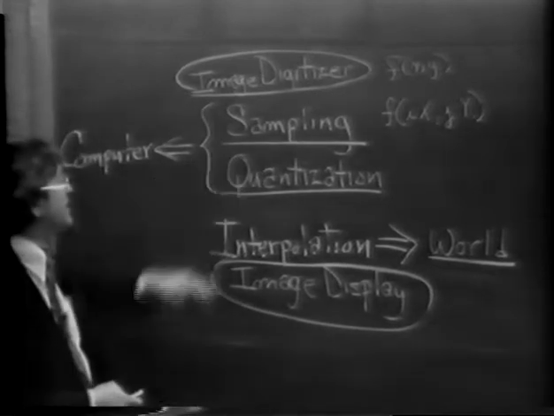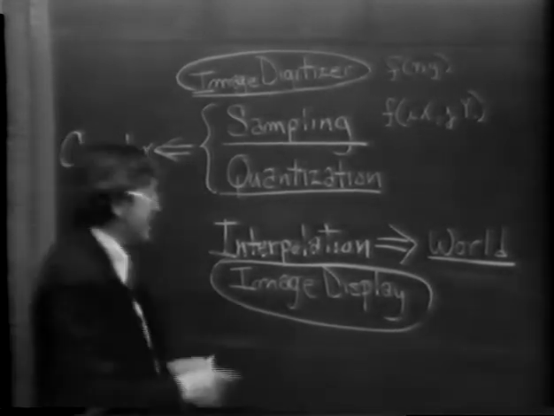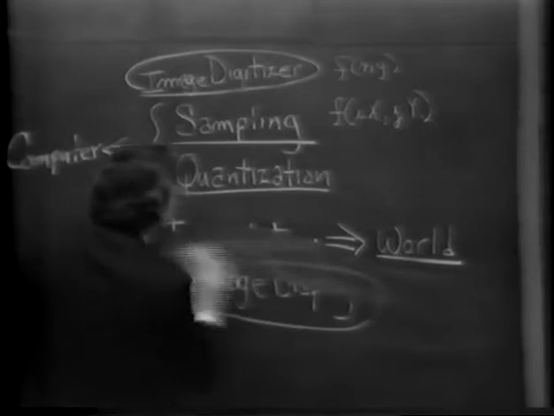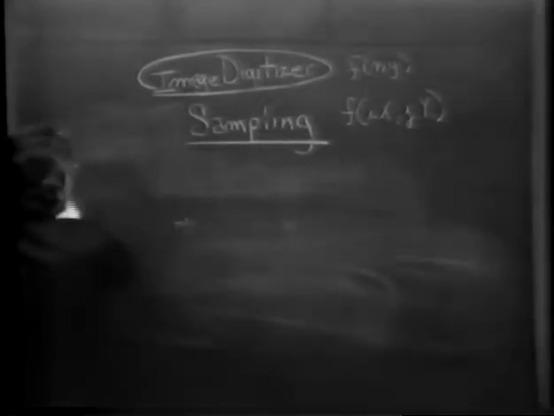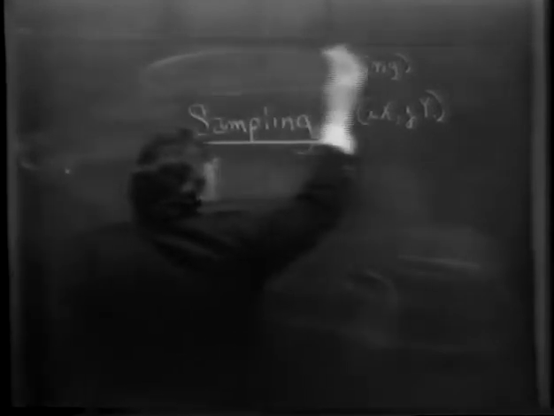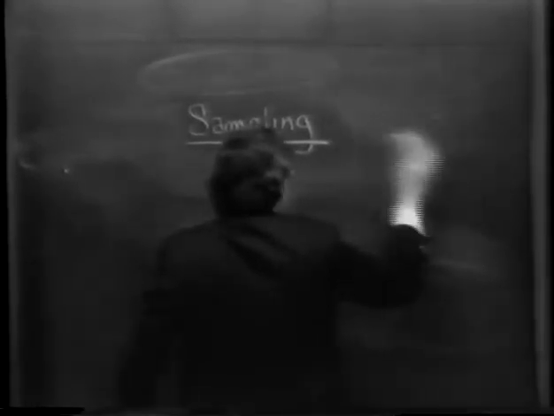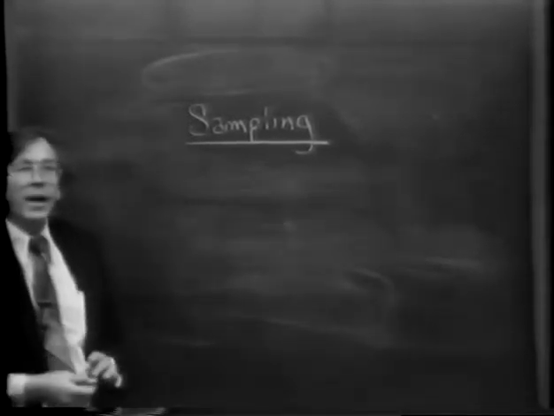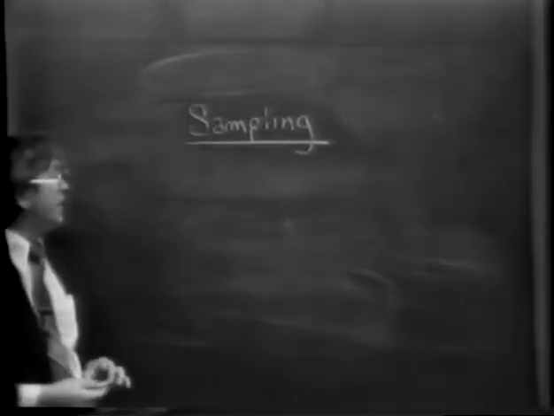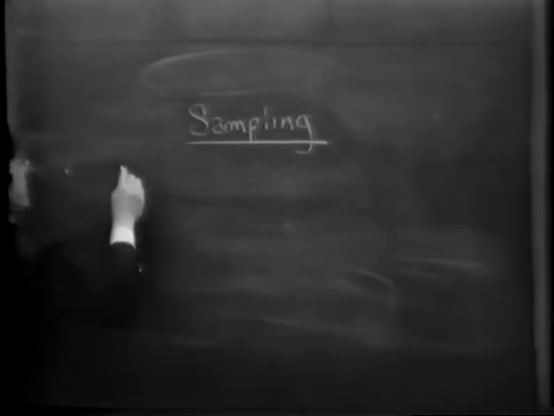Okay, so we'll look at all three of these steps tonight, and let's start just with the sampling process. The basis for all our theoretical work on sampling is the fundamental sampling theorem.